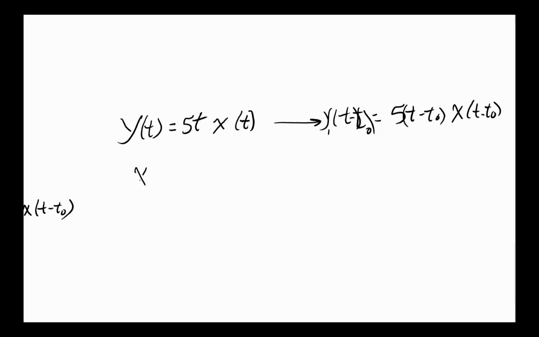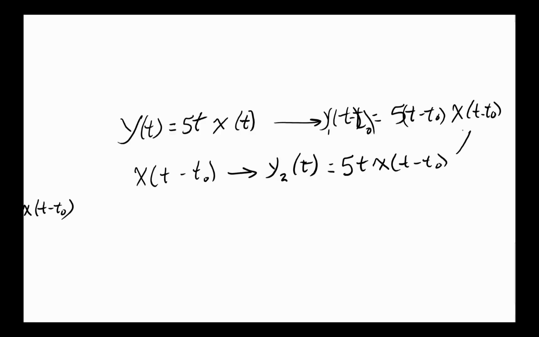Now if I take x of t and shift it, and put it in the system, I go to y2 of t, and that will be 25t x of t minus t0. So these are not equal, therefore this is not time invariant. So that's a double negative, so it's time variant.